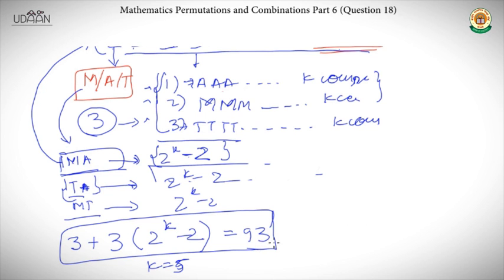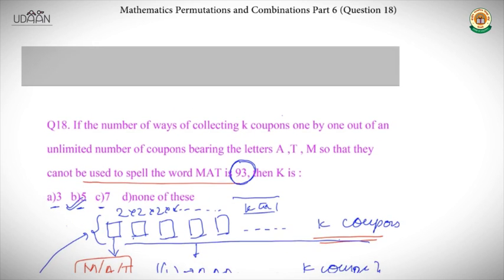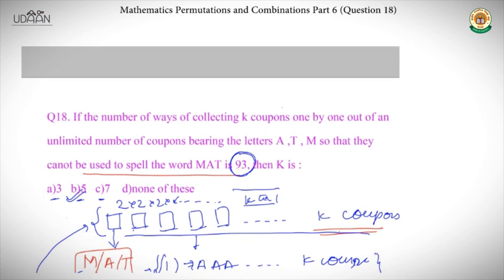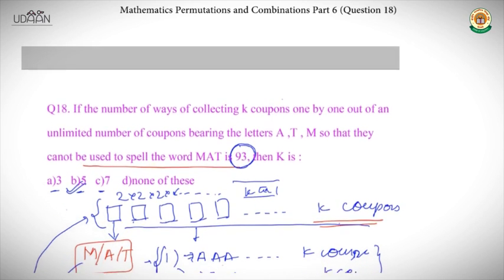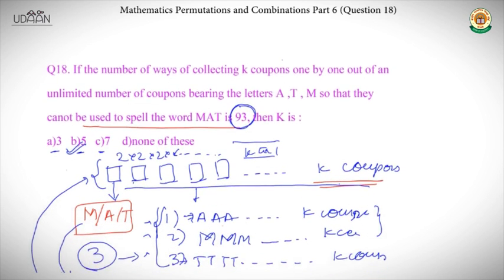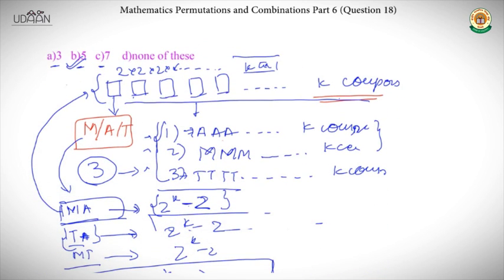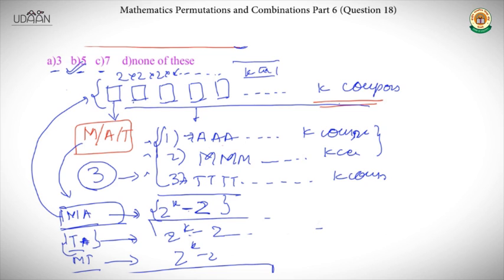So we have seen that to do this question we have to consider all the different cases, so that we are not able to spell the word MAT, and we have counted the cases manually. First of all, we counted that we can have all A's, all M's and all T's, so there are 3 possible ways.